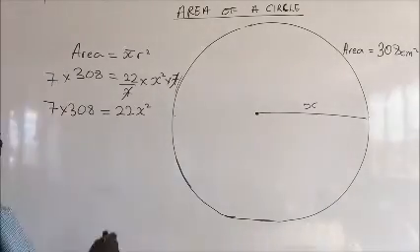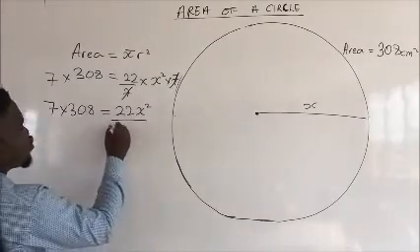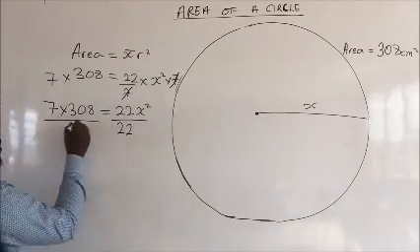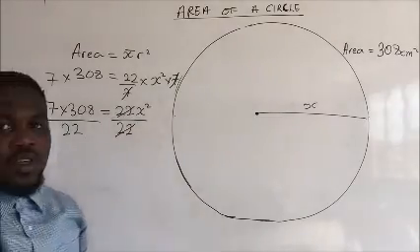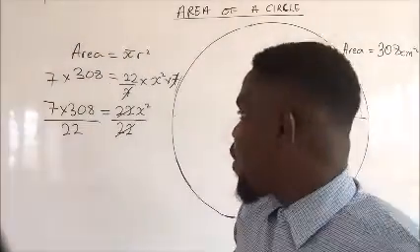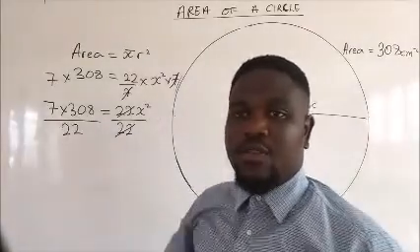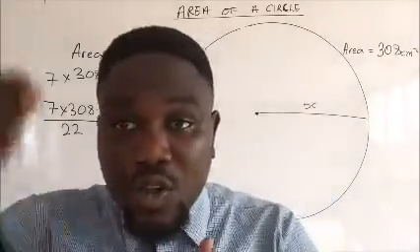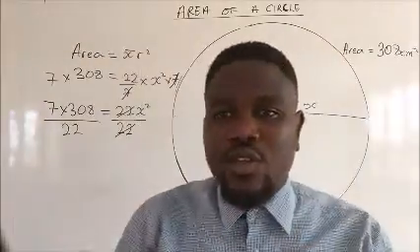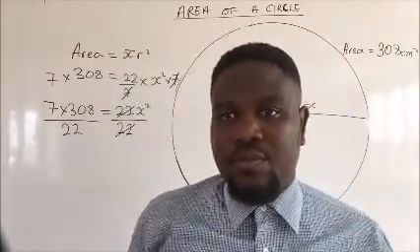Good. From there, what we do? We want the letter to stand alone. So we divide both sides by 22. Good. Hold on. I know someone will be thinking, why didn't you multiply the 7 by 308? As I always tell you in classroom, something you are going to break down, why would you waste your time to build it up?